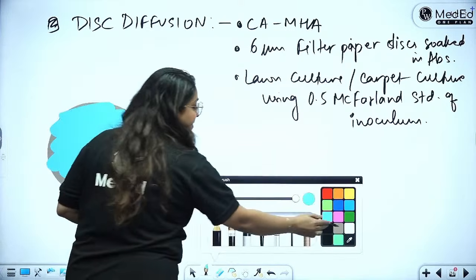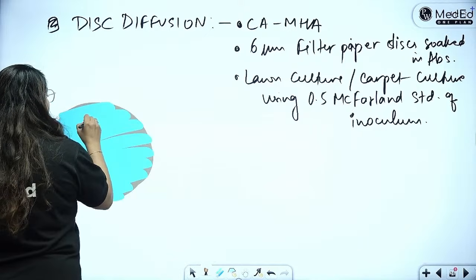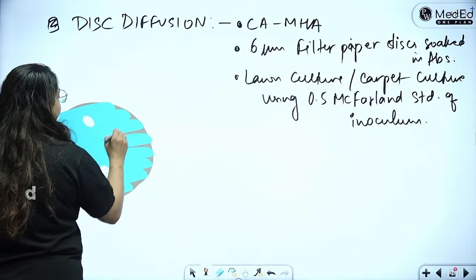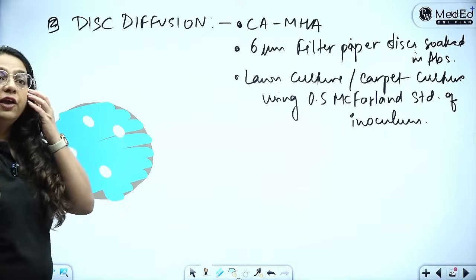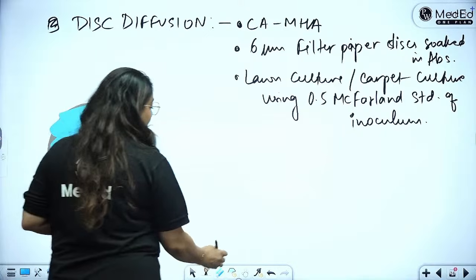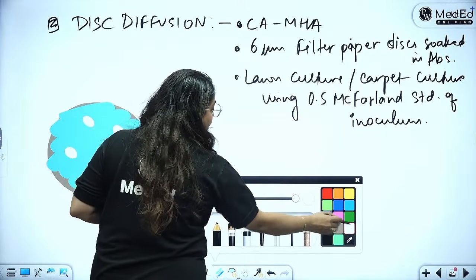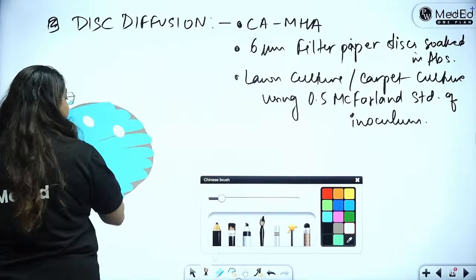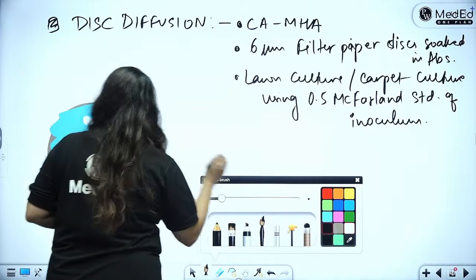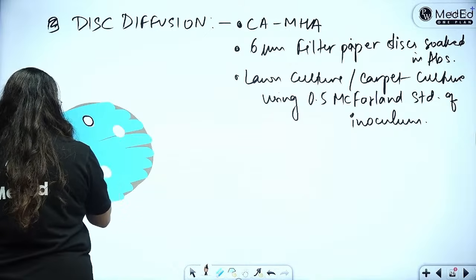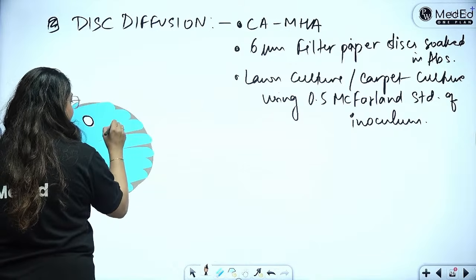Then I will take some filter paper discs which are coated and soaked with the antibiotic and I will put them across. If my bacteria is susceptible to the antibiotic, it is going to show me a zone of clearing around this disc. I have taken these filter paper discs which have the antibiotics.